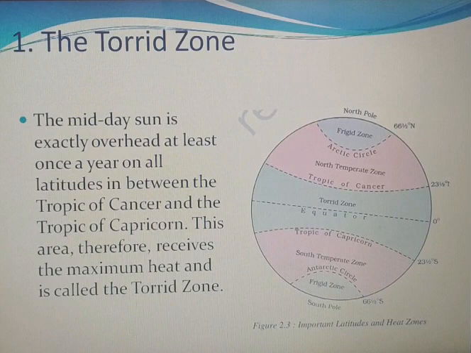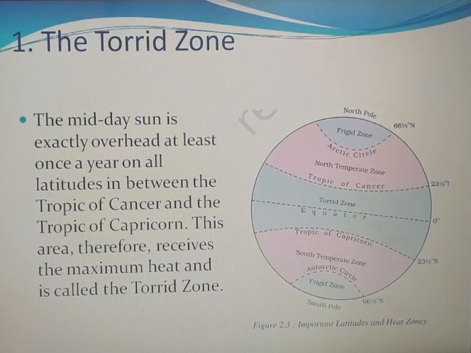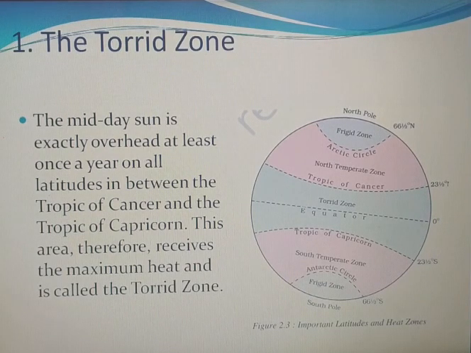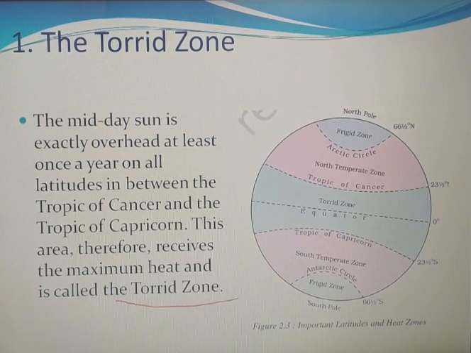First we're going to start with the torrid zone. The midday sun is exactly overhead at least once a year on all the latitudes in between the Tropic of Cancer and the Tropic of Capricorn. This area therefore receives the maximum heat and it's called the torrid zone.